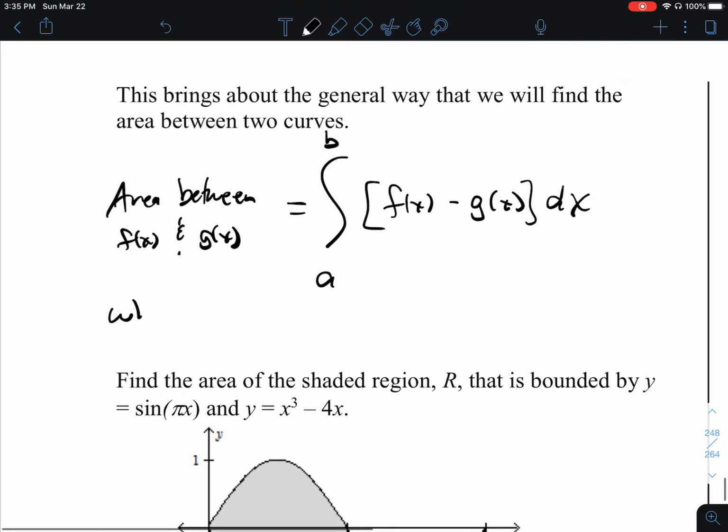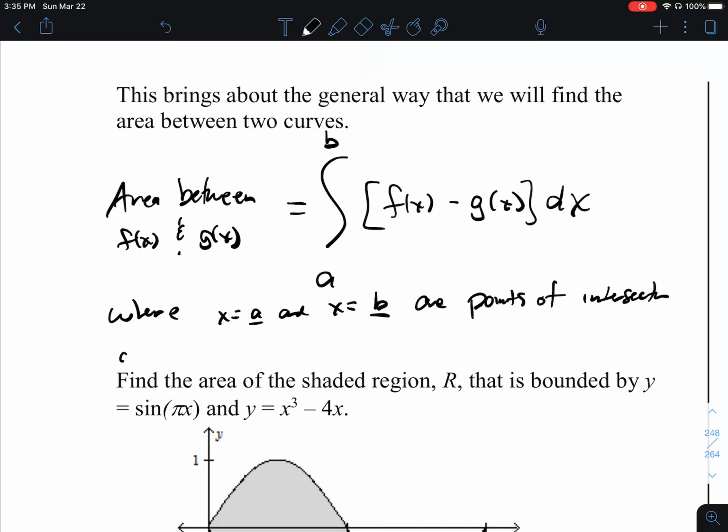Let's add a little bit more, where a and b are points of, let me be more specific, where x equals a and x equals b are points of intersection of f and g, and where f of x is bigger than g of x.